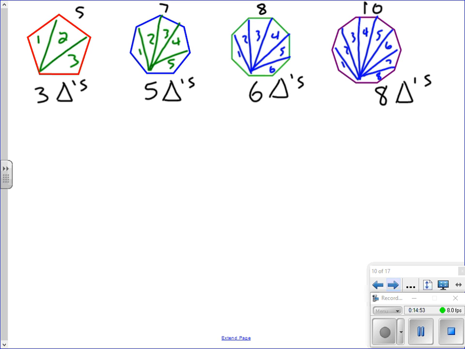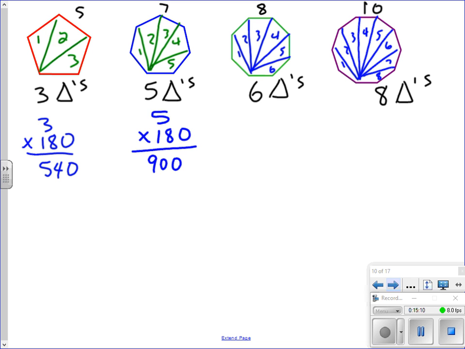So this 5-sided shape is 3 times 180, like we already said, which is 540. The second one is 5 triangles, each times 180. And that's 900. So that would be 900 degrees, which would be the total of all of the inside angles.